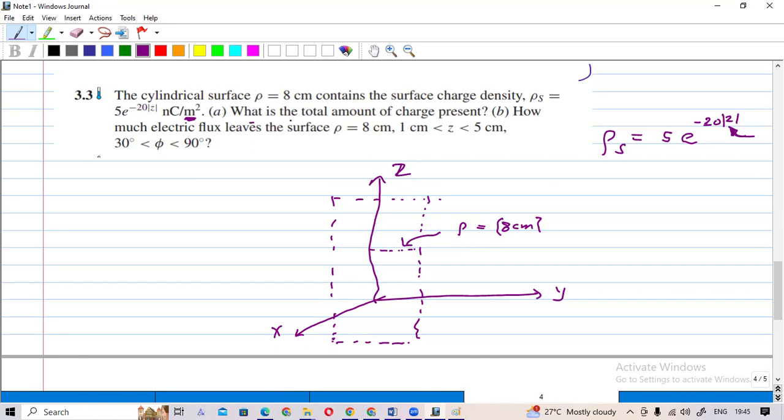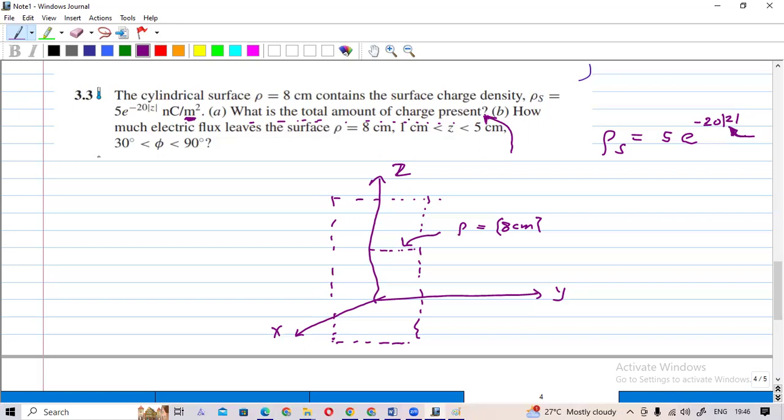It is asked, what is the total amount of charge present? So actually this is very clear.